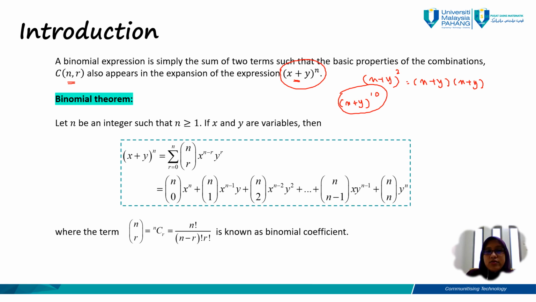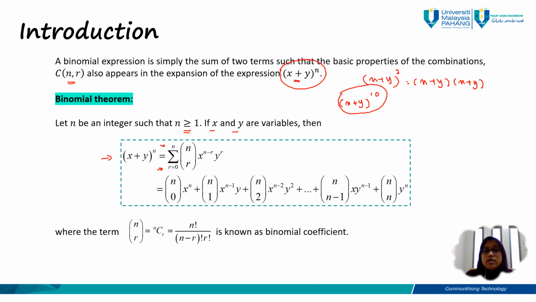So, the binomial theorem: let n be an integer such that n is greater than or equal to 1, and x and y are variables. Then (x plus y) to the power of n is equal to the summation, starting from r equal to 0 until n, of the bracket (n, r) multiplied with x to the power of n minus r, multiplied with y to the power of r.